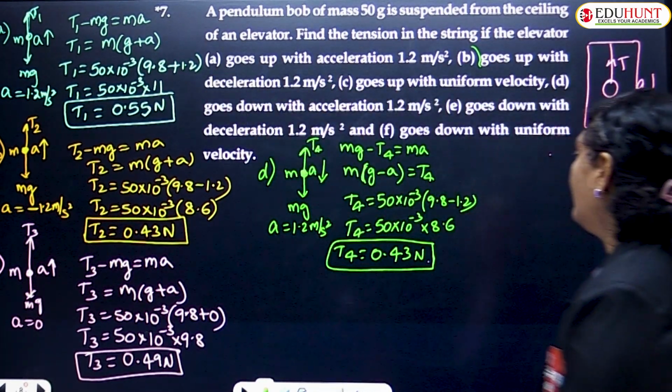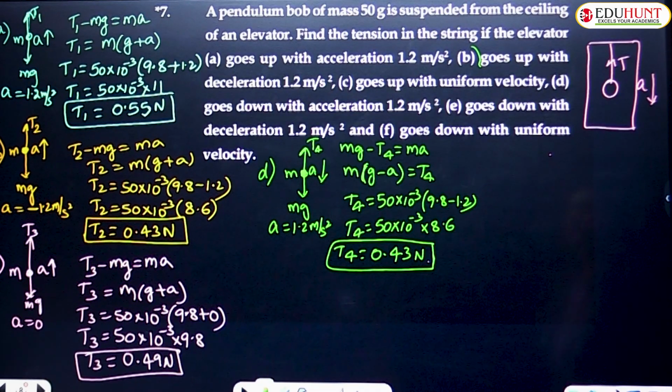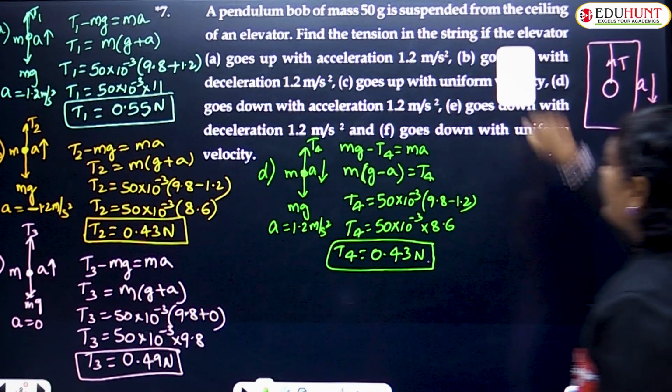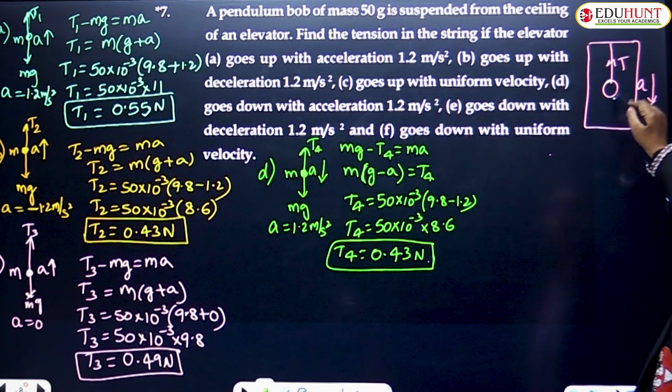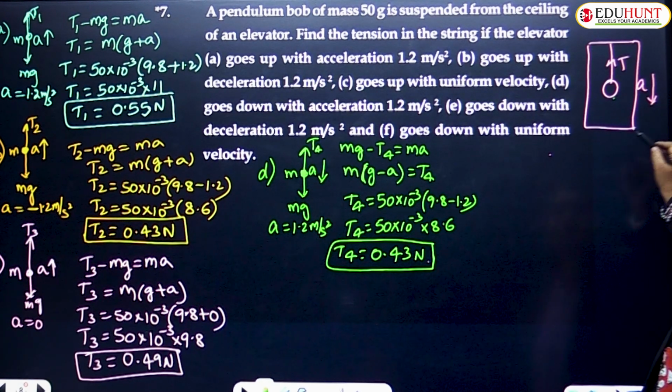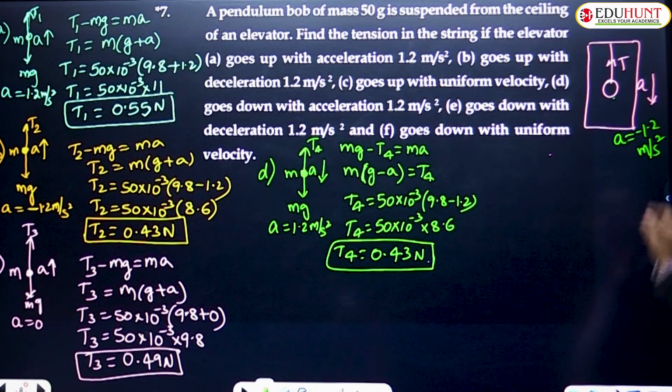So case E, the same lift goes down with deceleration of 1.2 meter per second square. So the same lift, same bob, tension again going downwards, but in this case it is given as deceleration. Deceleration means we have to take the value of a as minus 1.2 meter per second square.